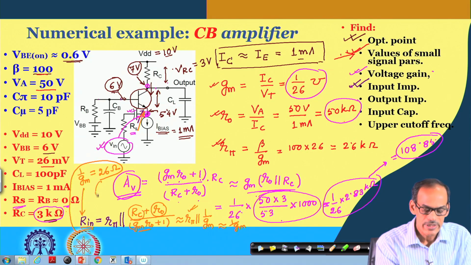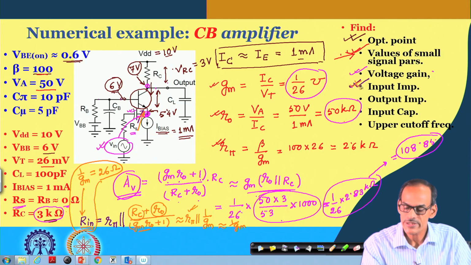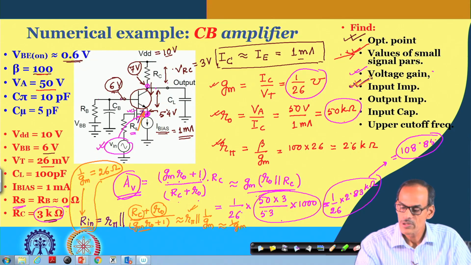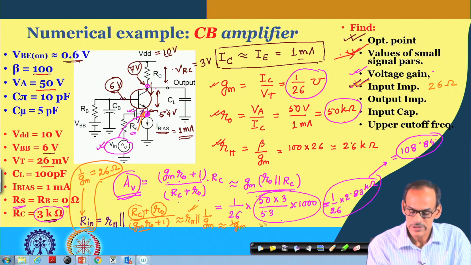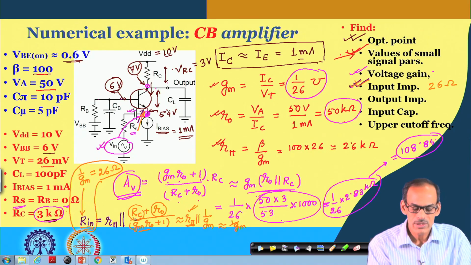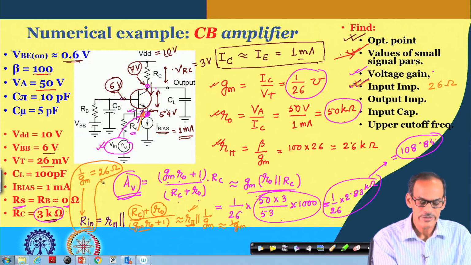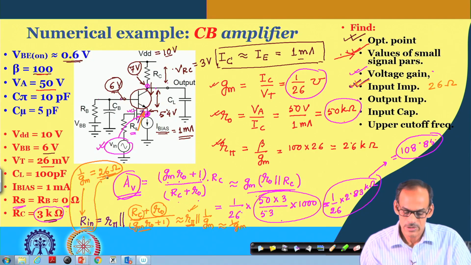So, naturally this input resistance is quite low, as expected, 26 ohms. In fact, if you consider this R pi and R C also here, it may be slightly different, but more or less its value is quite low, at 26 or 25 ohm.